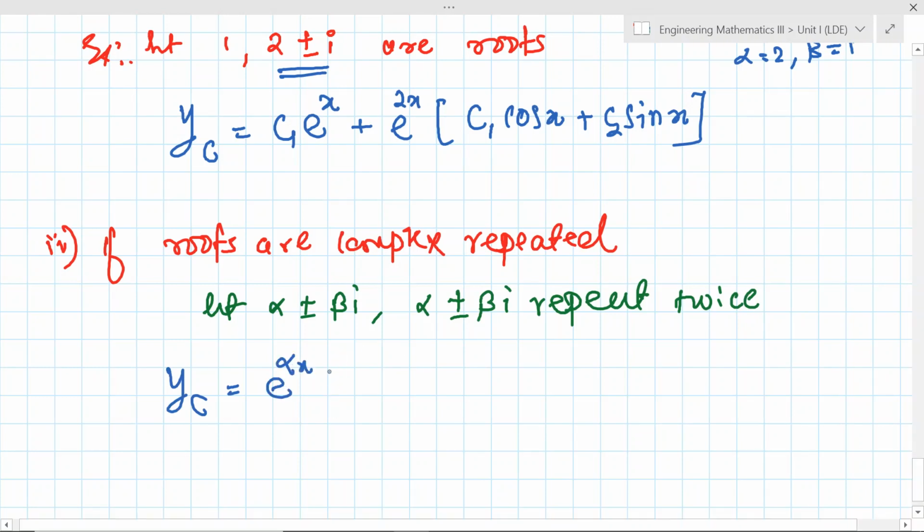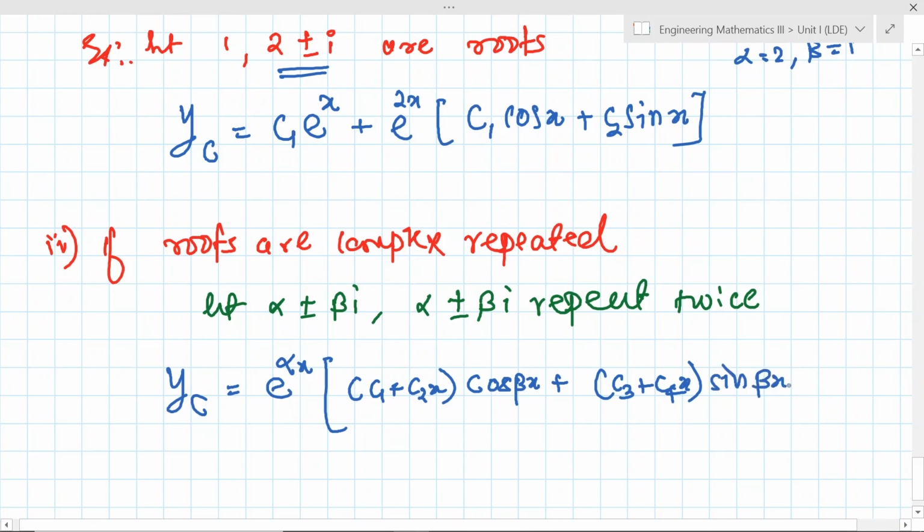Because this is a repeated root, this is just the extension of the second case and third case. So how can we write this? C1 plus c2x into cos of beta x plus C3 plus C4x into sine of beta x. That's it. This is my complementary function.